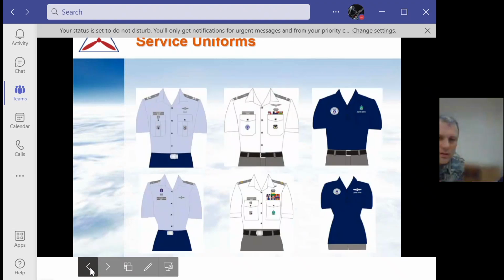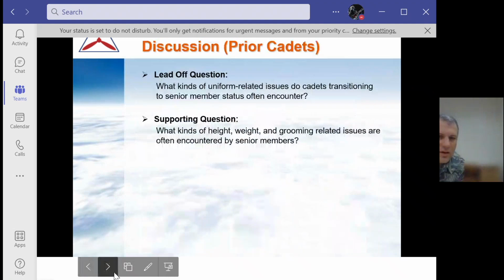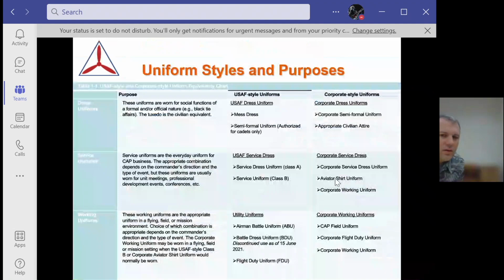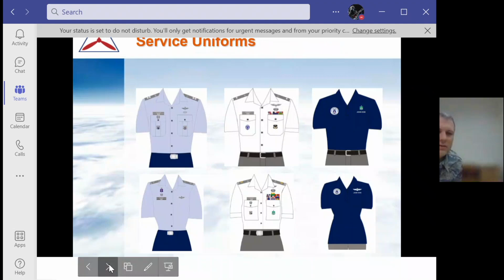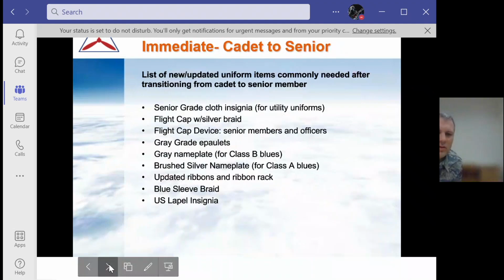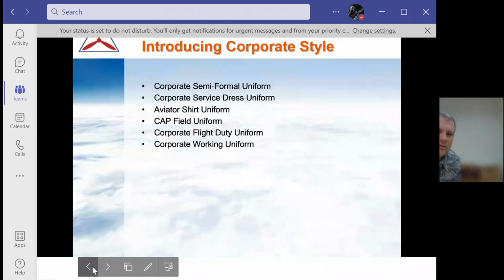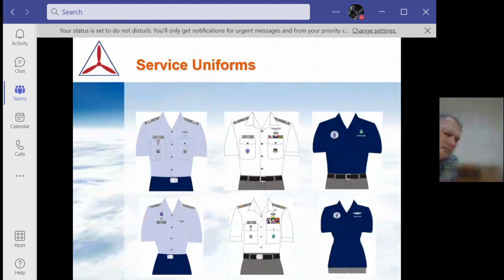Technically, this one does fall under a service uniform. In the regulations, it does specify the corporate aviator shirt uniform, and not just the working uniform. Even though it is under the service uniform, it does not count for the minimum uniform. So either this blue one or the white one is the minimum uniform requirement.